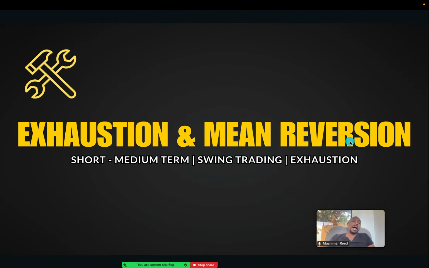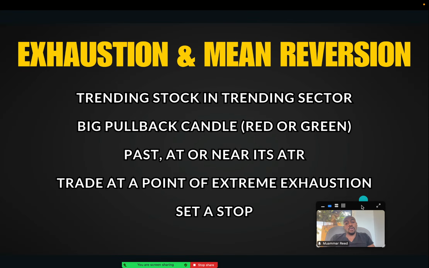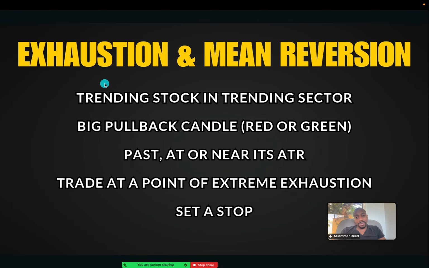So with that said, you can generally take advantage of a stock reverting to its mean if it's exhausted to the upside or downside. This whole last year, this is the strategy that I was trying to perfect, or at least learn, right? So I want a trending stock and a trending sector. I'm looking for a big pullback candle.